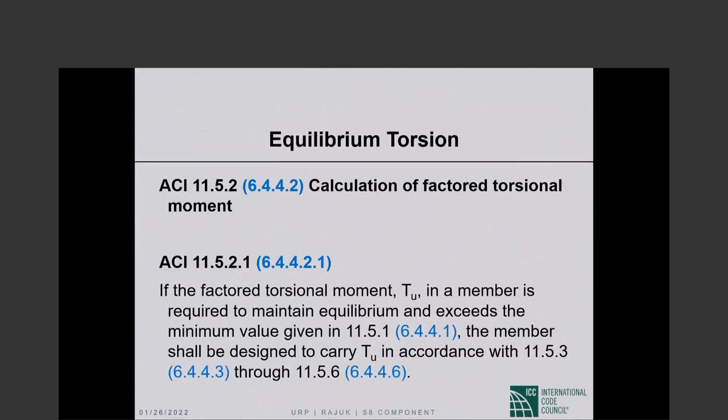Okay, so let's get back now. If the factored torsional moment in a member is required to maintain equilibrium and exceeds the threshold value, the member shall be designed to carry T sub u.